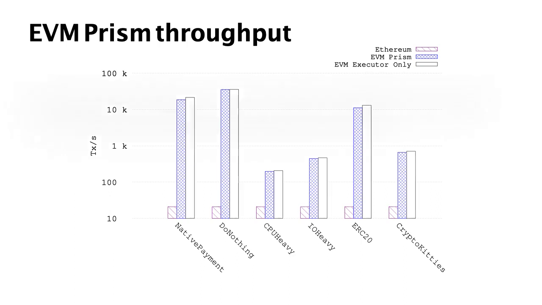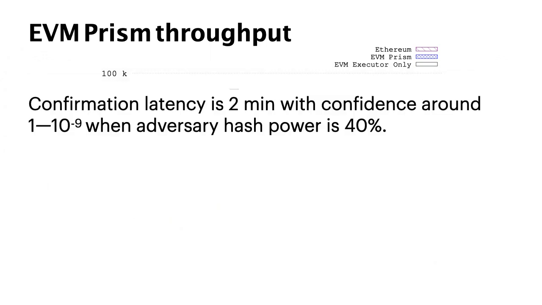As for confirmation latency, in our EVM Prism experiment, confirmation latency is around 2 minutes with confidence around 1 - 10 to the -9 power, when adversary hash power is 40%. This confidence is pretty high. If we use the traditional longest chain protocol to achieve this high confidence with the same hash power, we have to wait for hundreds of blocks, and it translates to thousands of seconds in terms of confirmation latency.